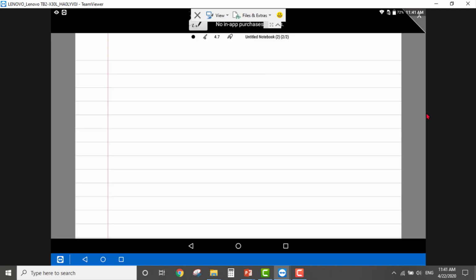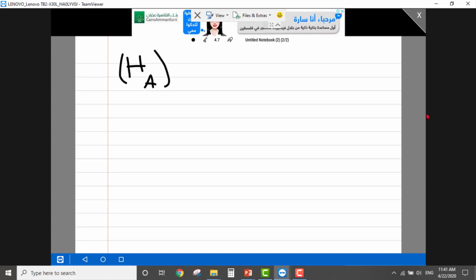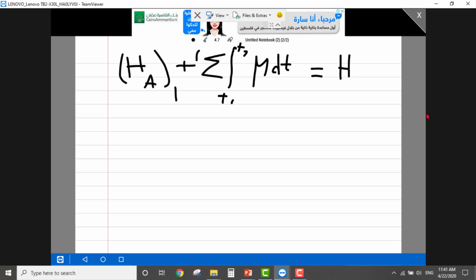Okay, so applying the equation, which says that h about the centroid A at state 1, plus the summation, or the integration from T1 to T2, of the moment multiplied by dt, is equal to h about A for state 2.